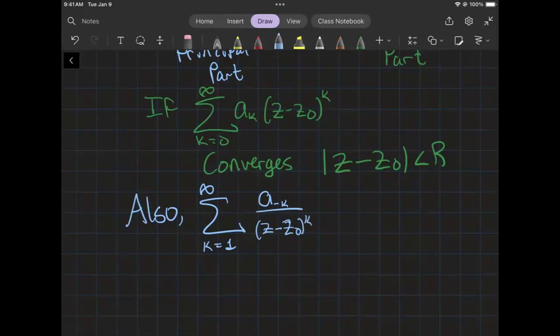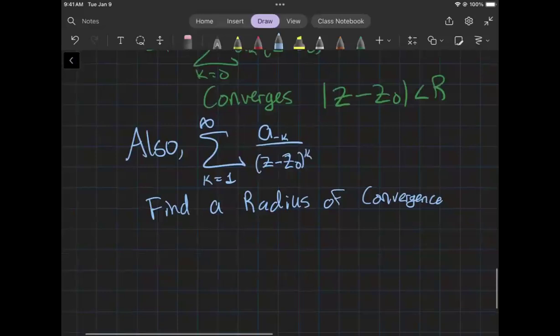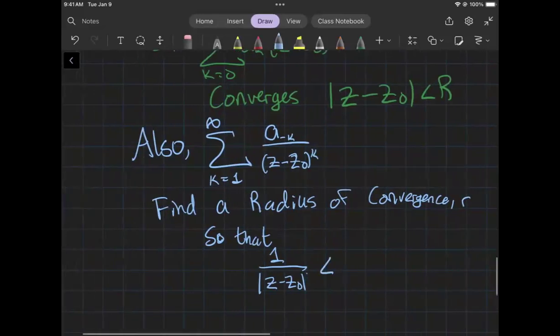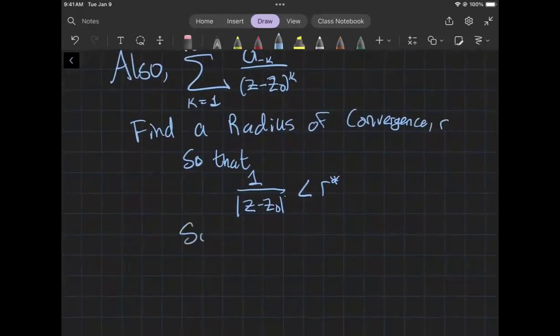So the goal here is we want to find a radius of convergence R star so that 1 over the absolute value of z minus z naught is less than R star.